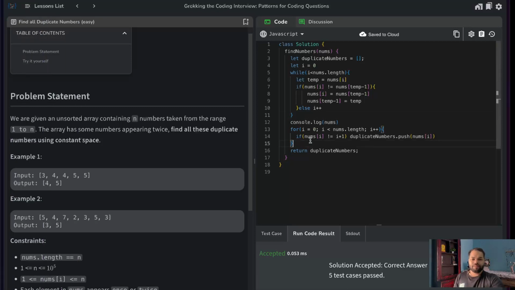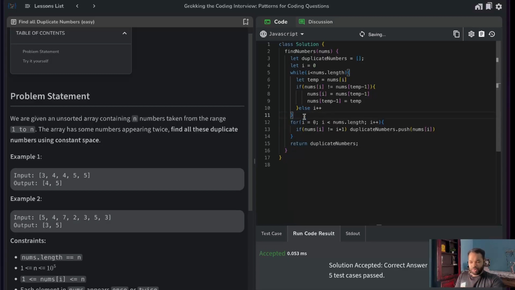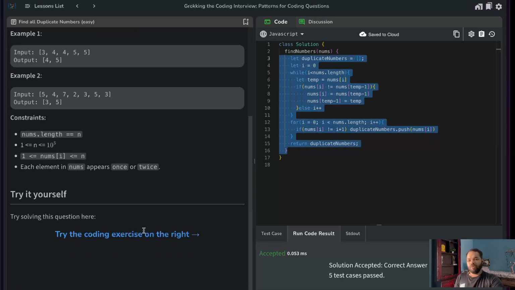Then it will give you sorted nums, or not sorted altogether; they will be sorted, but they have duplicate numbers in between. And if the value and its index are not the same, that means the value is a duplicate. So we are pushing it into the duplicate numbers, and then we are returning the duplicate numbers. That's how we did it.